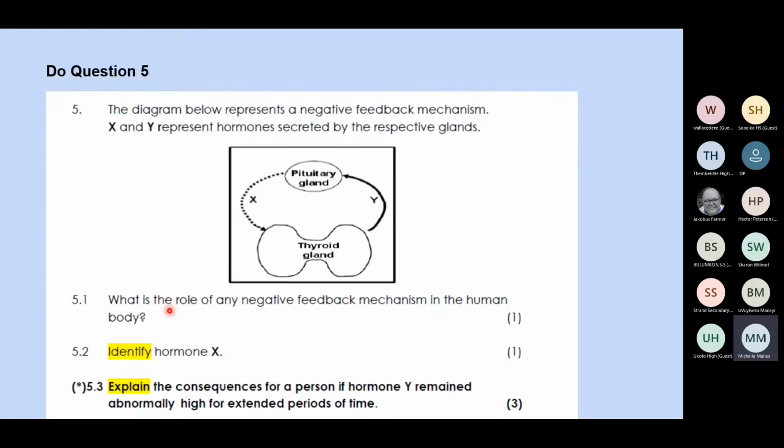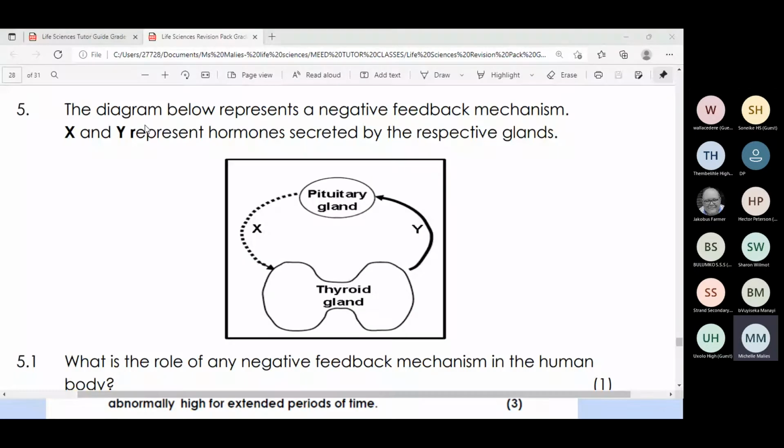On page 28, you'll see that your question states, the diagram below represents a negative feedback mechanism. And when we are dealing with questions in the exams, we highlight, because that is a clue: negative feedback mechanism.